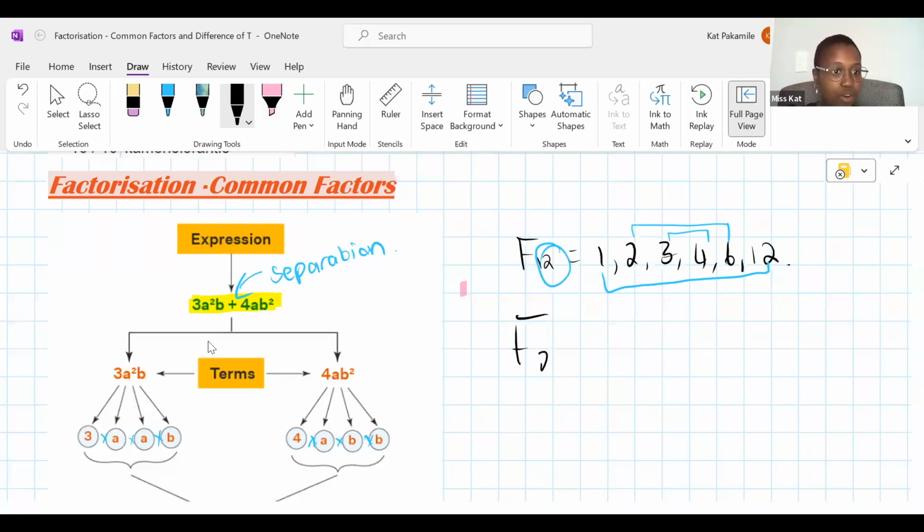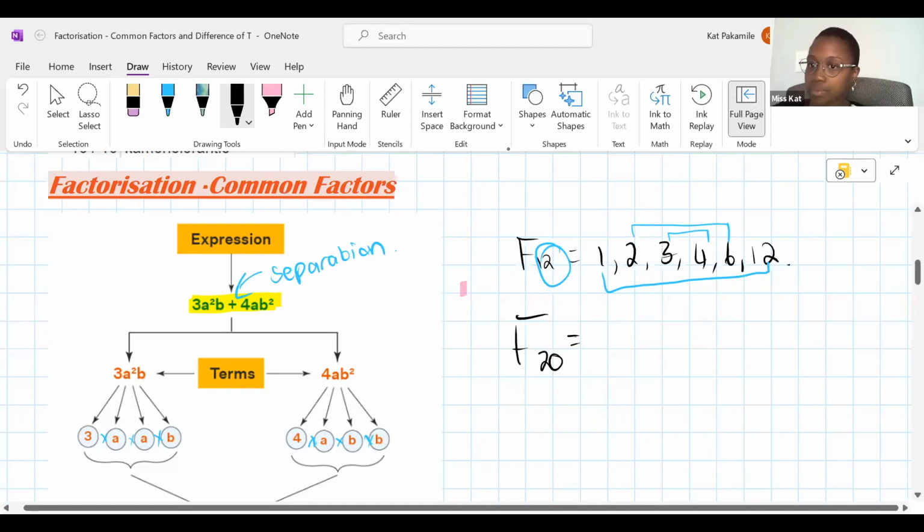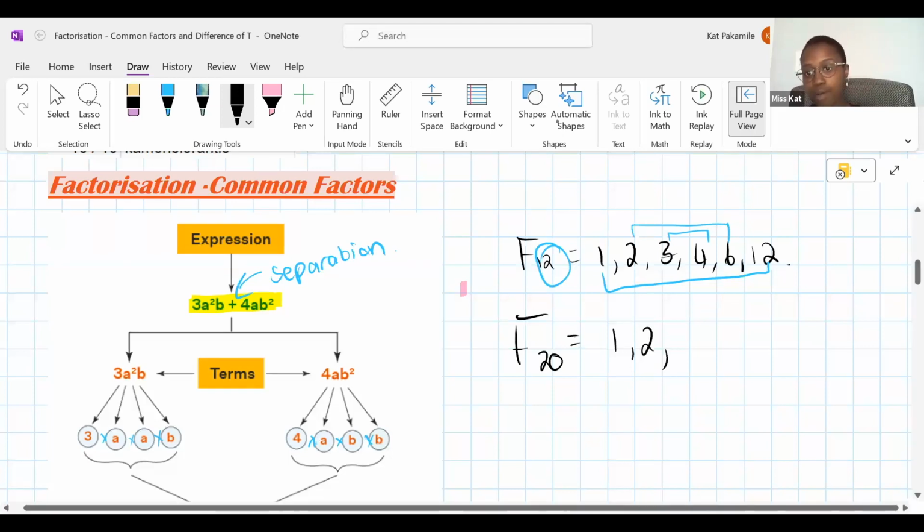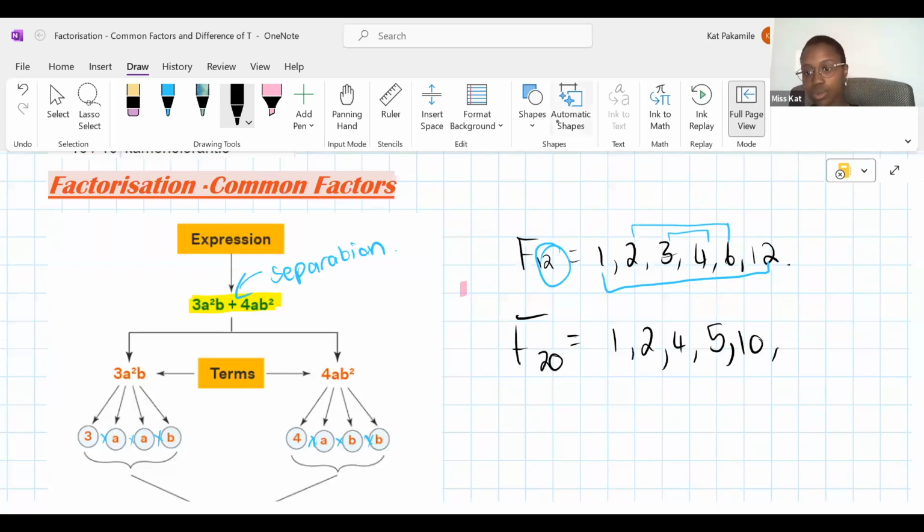We are listing factors. What are the factors of 20? Anyone help us? There we go. Thanks. So it's 1, 2, 4, 5, 10, and 20.